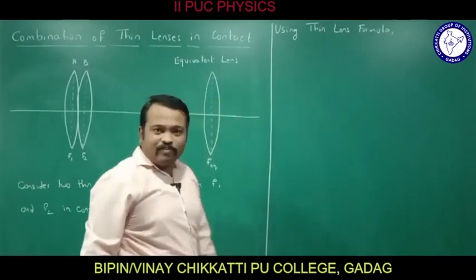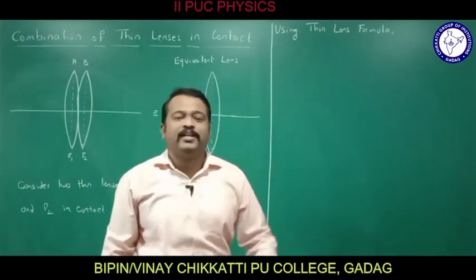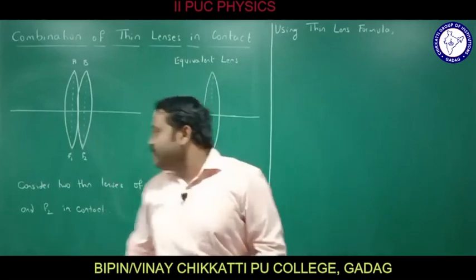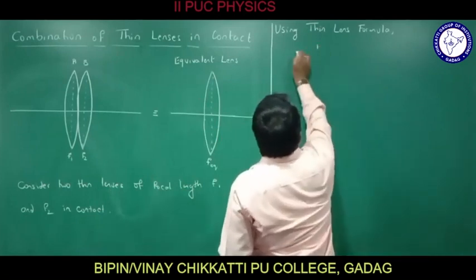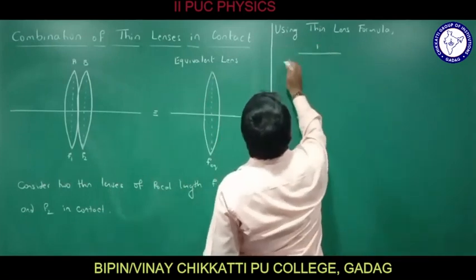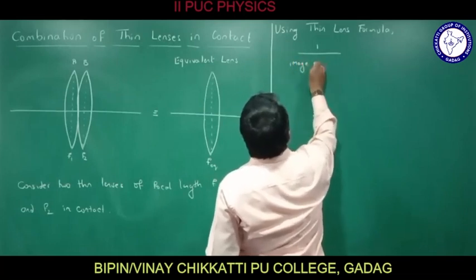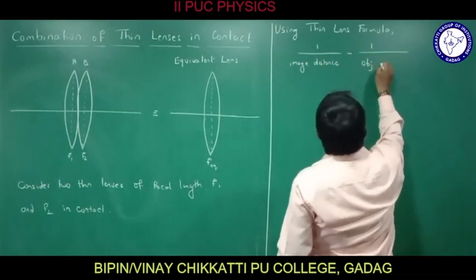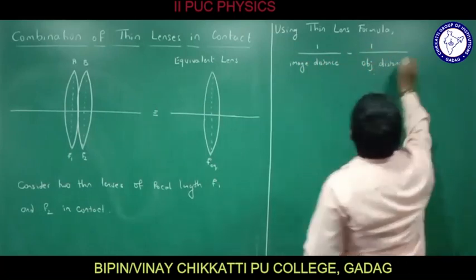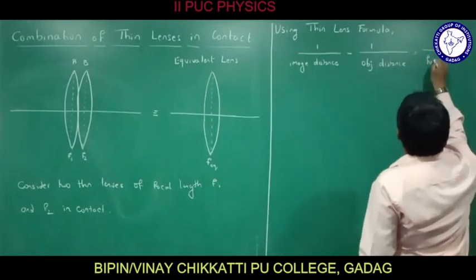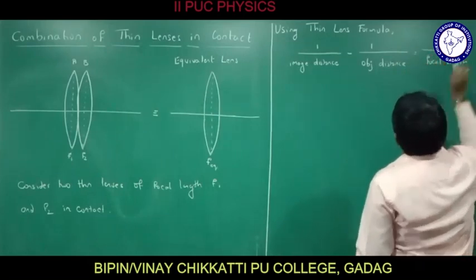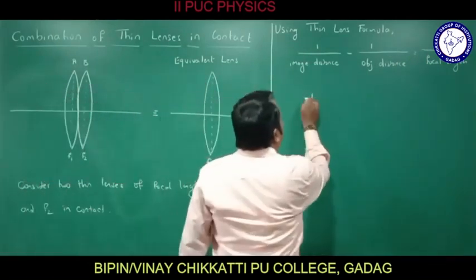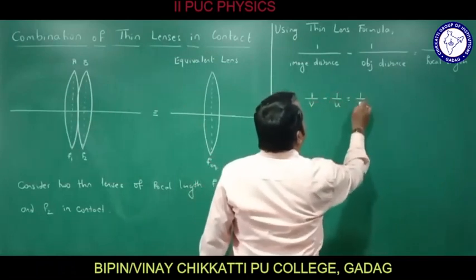What is that formula? We know 1 divided by V minus 1 divided by U is equal to 1 divided by F. So that is the thin lens formula. Here V is the image distance, U is the object distance, and F is the focal length. So the thin lens formula is 1/V minus 1/U equals 1/F.